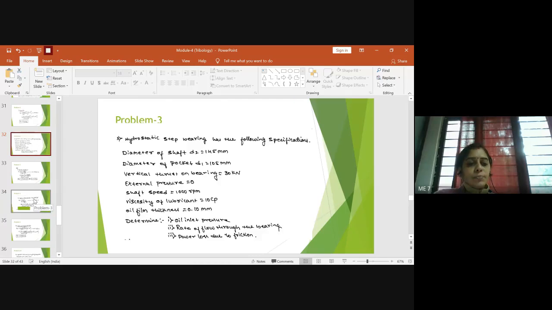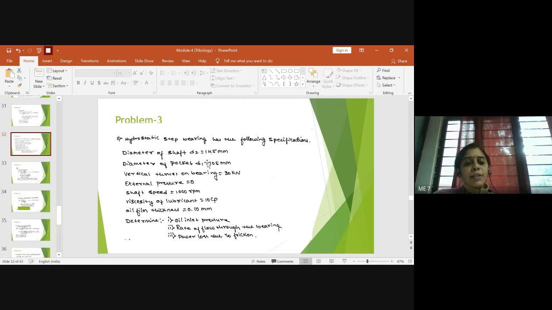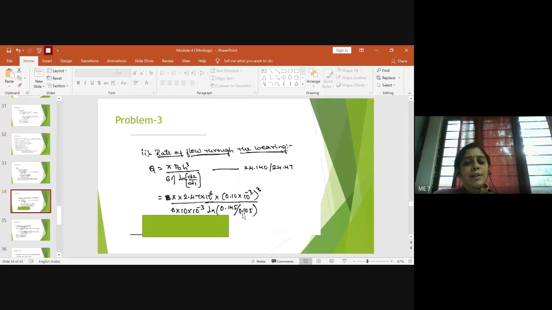Convert that into meters, so it will be 0.145, divided by d1, which is the diameter of the recess or the pocket, given in the question as 105 mm. Convert that again into meters, so it will be 0.105. So once you substitute, kindly do the calculation and please let me know what answer you are getting.